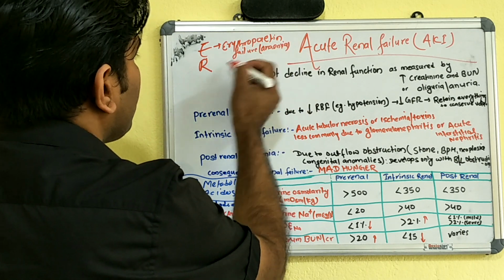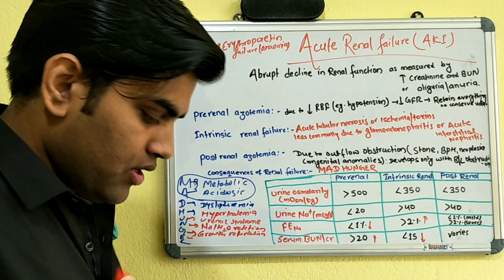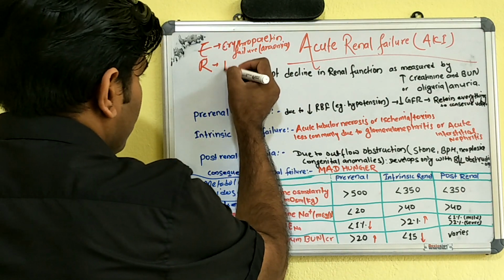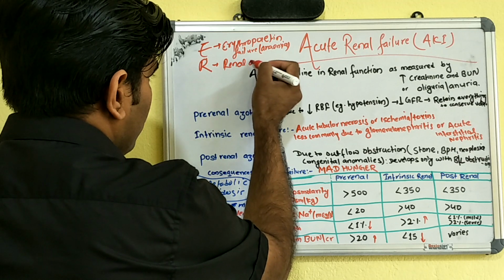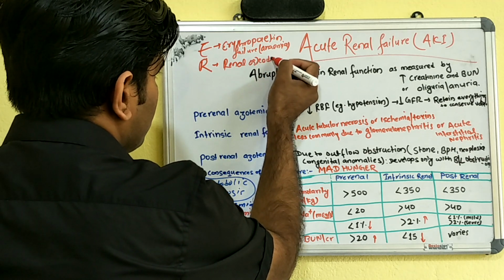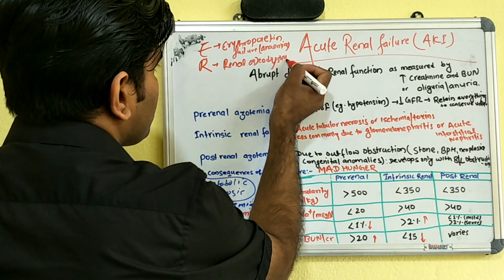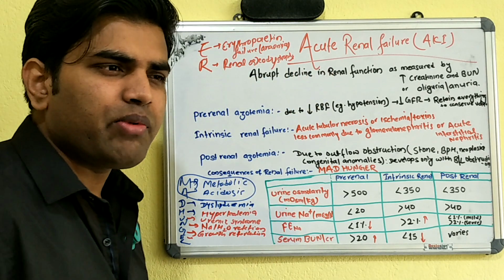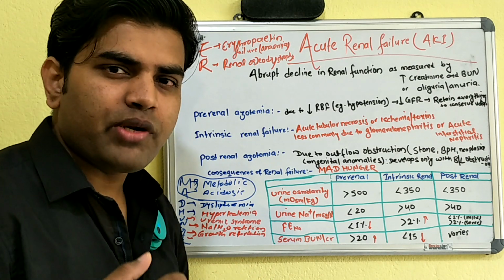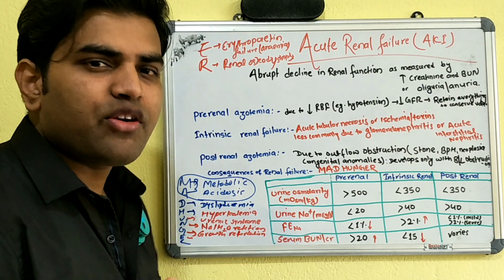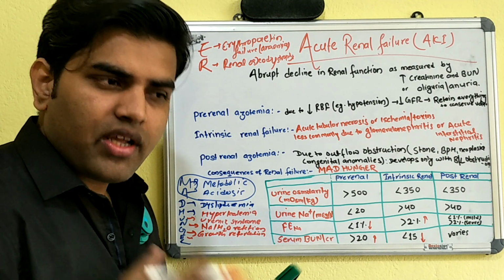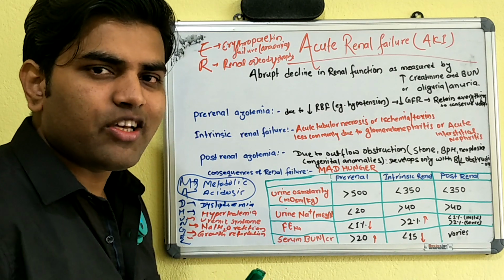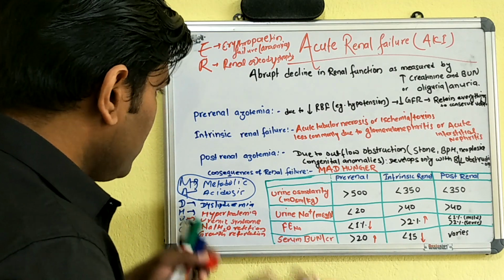R is renal osteodystrophy. So what are the consequences? In renal osteodystrophy there will be hypocalcemia, hypovitaminosis D, and hyperphosphatemia, and that leads to bone damage. Bone thinning will occur, and we'll discuss that further.